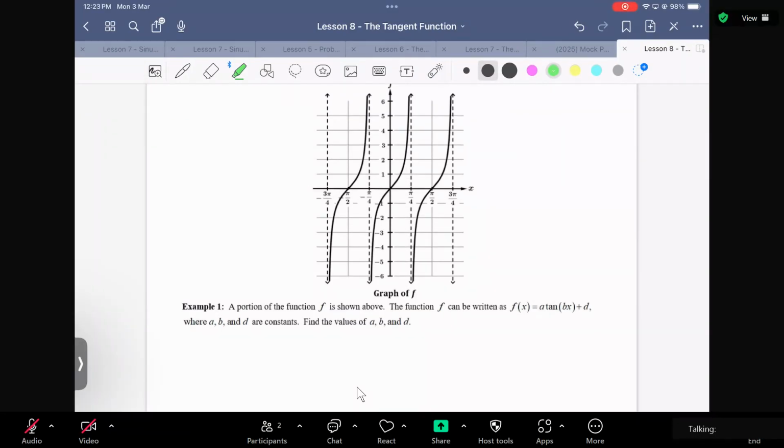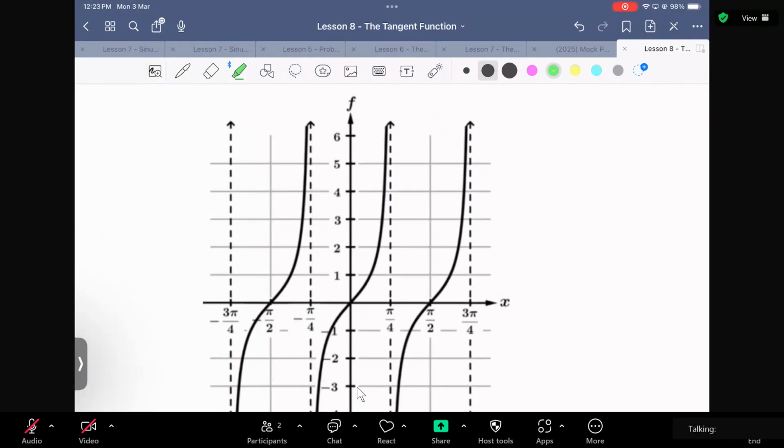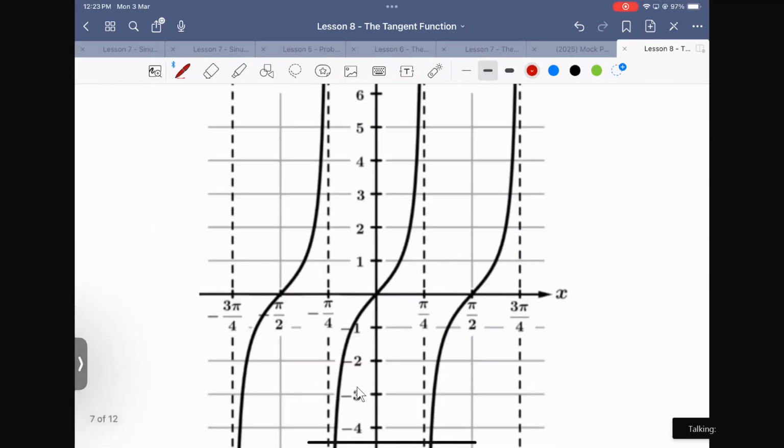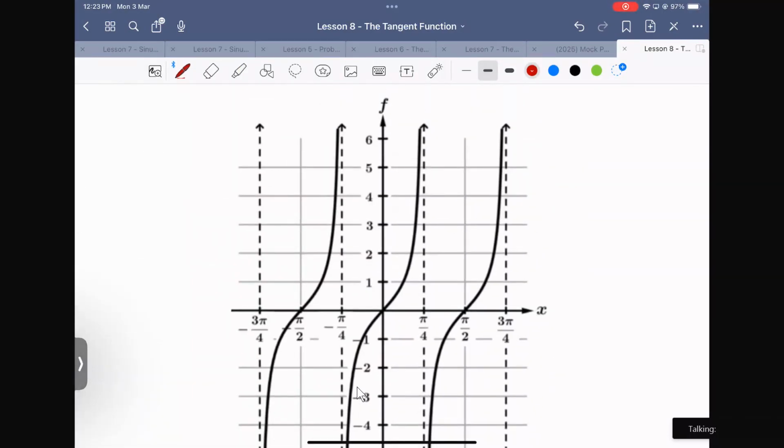The first place to start is let's look for the period. The period we can find by looking at the length between any two of the asymptotes. So this distance here will tell us. This is 3 pi over 4 minus pi over 4, giving us 2 pi over 4. So the period is equal to 2 pi over 4, or pi over 2.